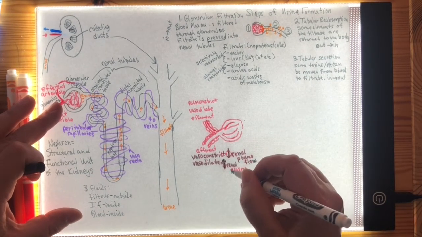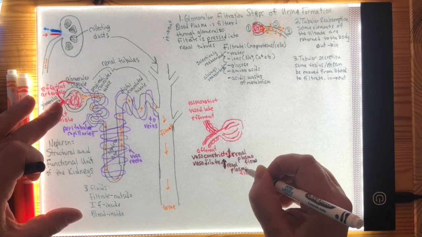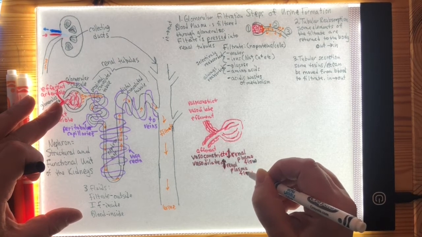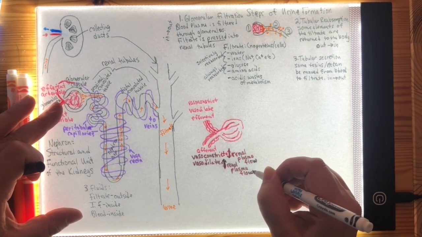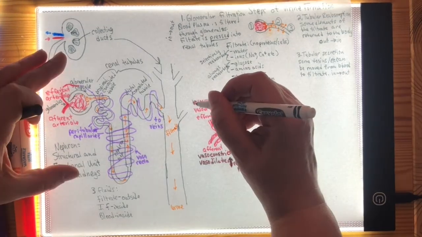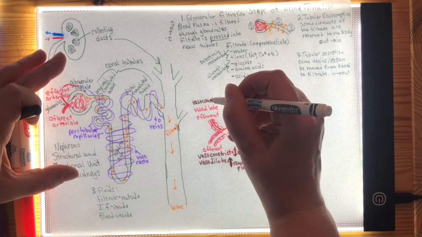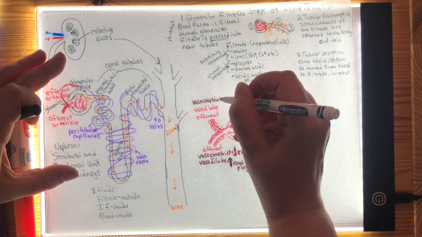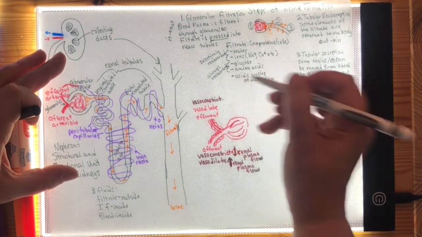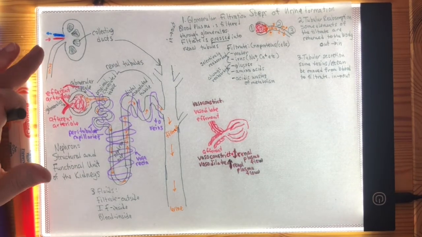Just don't forget it. Now, the story of the efferent arterioles is a little bit different. Remember, efferent means exit. This would be bringing blood away from the glomerulus. And so when we vasoconstrict or vasodilate the efferent arteriole, what we are doing is changing what's happening inside of the glomerulus.